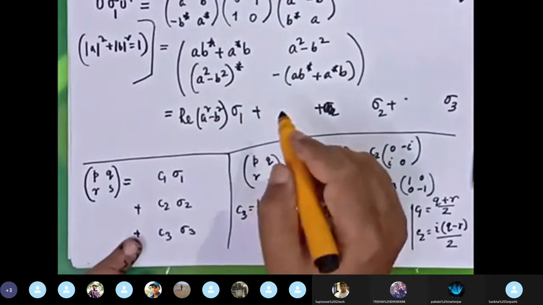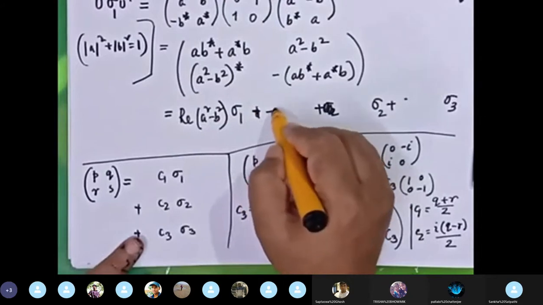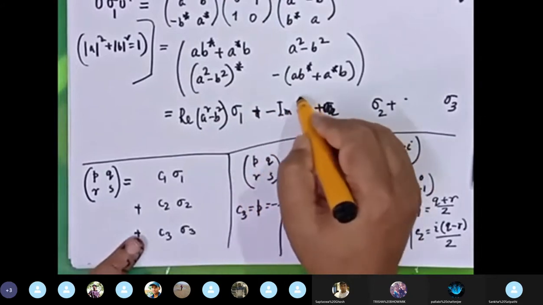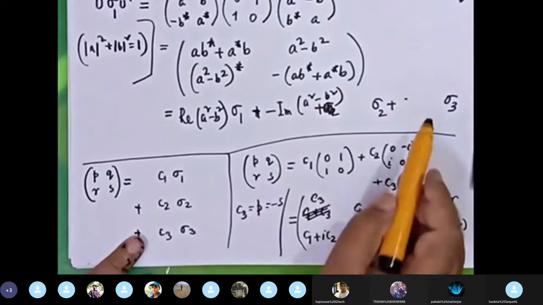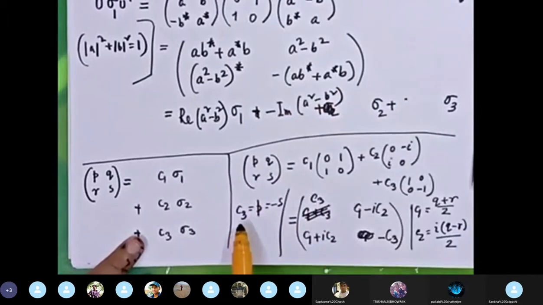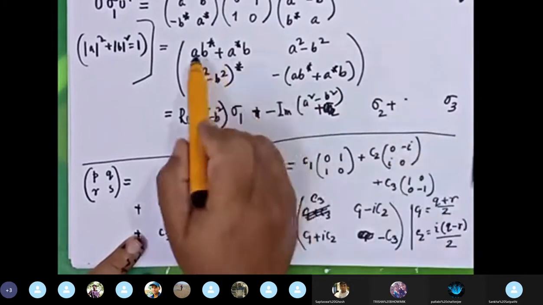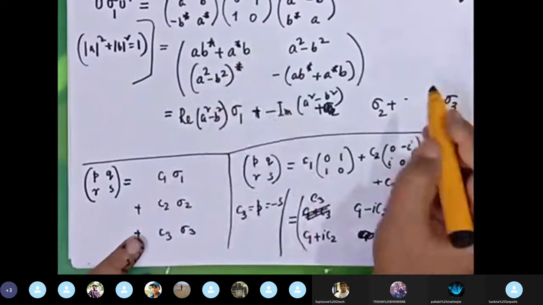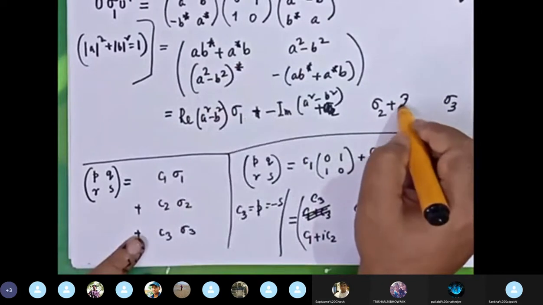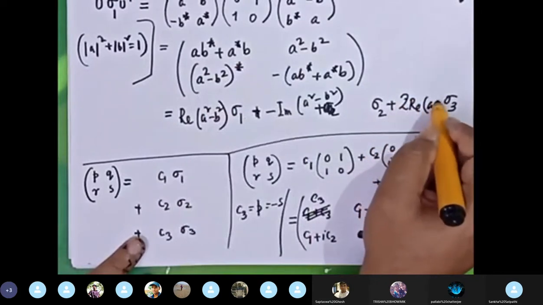So it will be minus imaginary part of A square minus B square. And sigma 3's coefficient C3 is just this P. And this is A star B. A star B means you can write twice of real A star B or A B star, whatever.